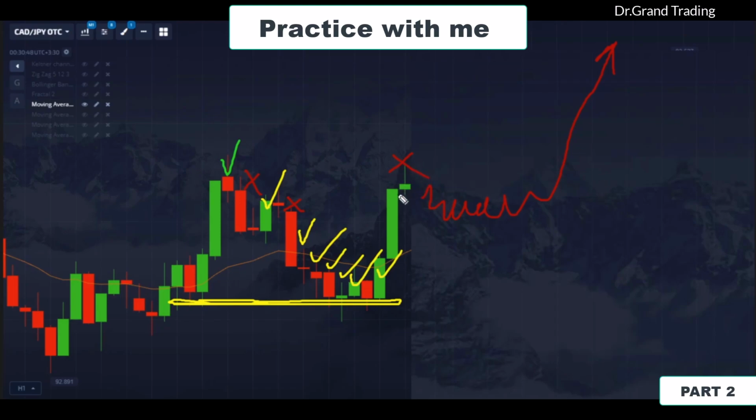Every tick of the market gives you a message. The message here is that the sellers are not going to enter, and this is not an exhaustion candle. So this candle shows us that this is not exactly like the previous candle, so the buyers might enter again. We don't know that.